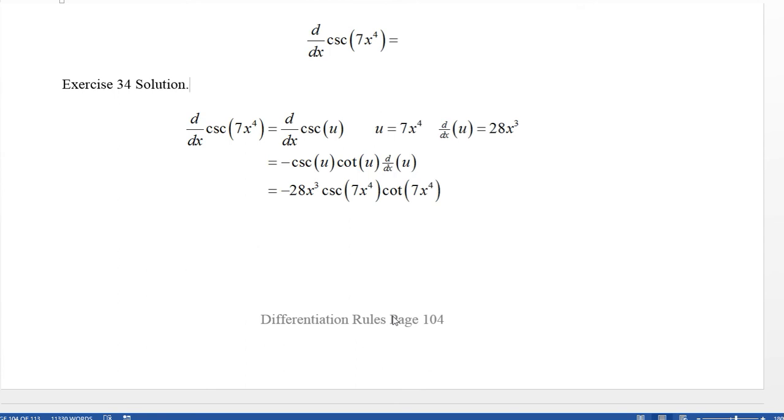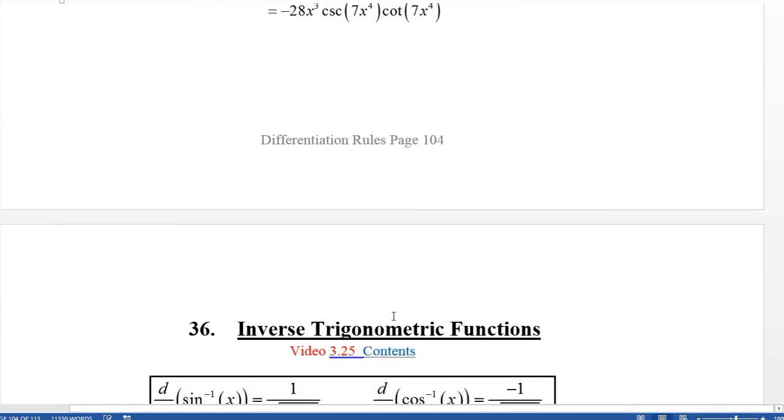So those are some pretty basic ones there. We're going to derive a couple more rules. The next video we'll talk about inverse trigonometric functions. Then we'll talk about some hyperbolic trig functions, and then we will do maybe some videos where we do several more examples involving these new kinds of functions.